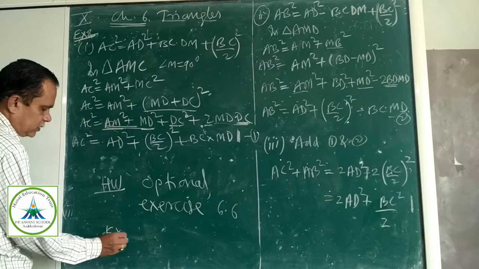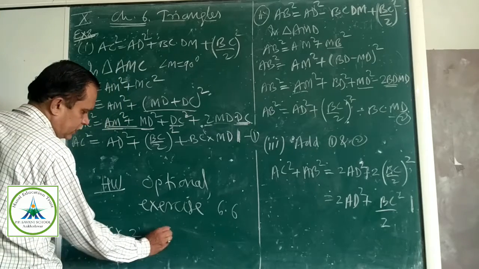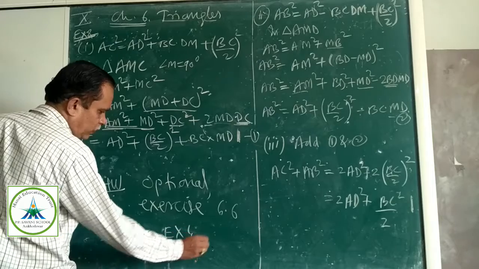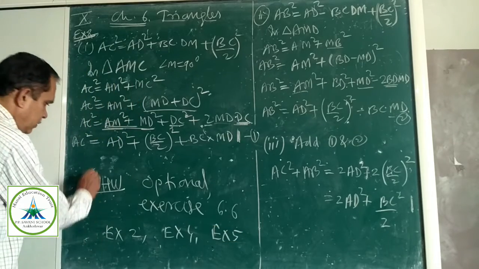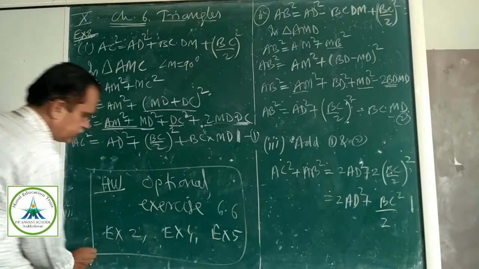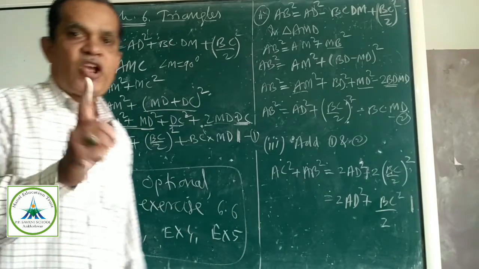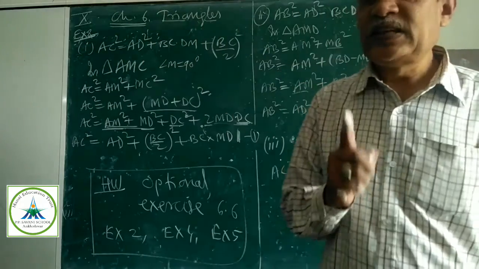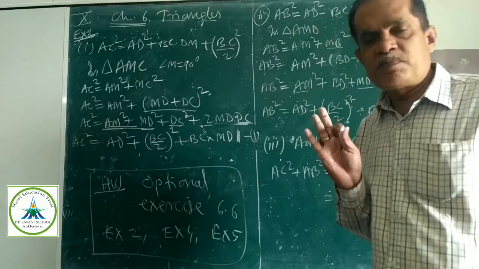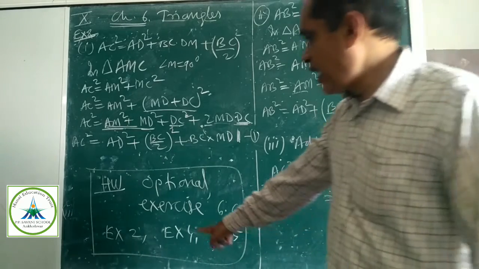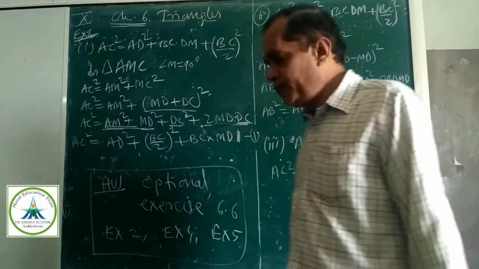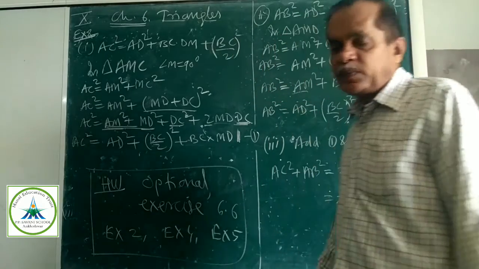Example 2, example 4, example 5. That's all. Try to solve these. Every optional exercise, first 5 examples, if there are, always practice. It is compulsory. So students, you will try optional exercise examples 2, 4 and 5.